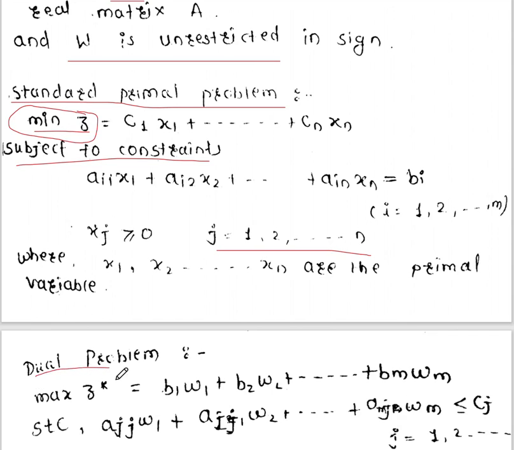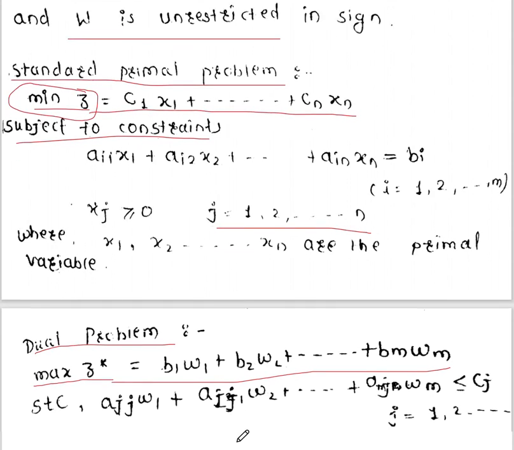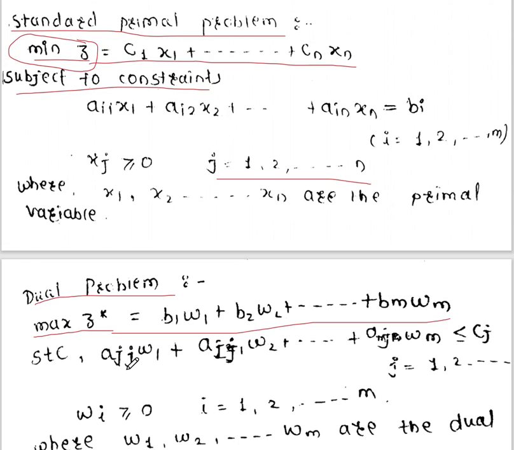The dual of this problem is given as: here we will convert to maximum z star equal to b1 w1 plus b2 w2 and so on bm wm. So this is the dual objective function of this objective function, subject to the constraints a1j w1 plus a2j w2 and so on amj wm less than or equal to cj, j equal to 1 to n, wi greater than or equal to 0, i from 1 to m.